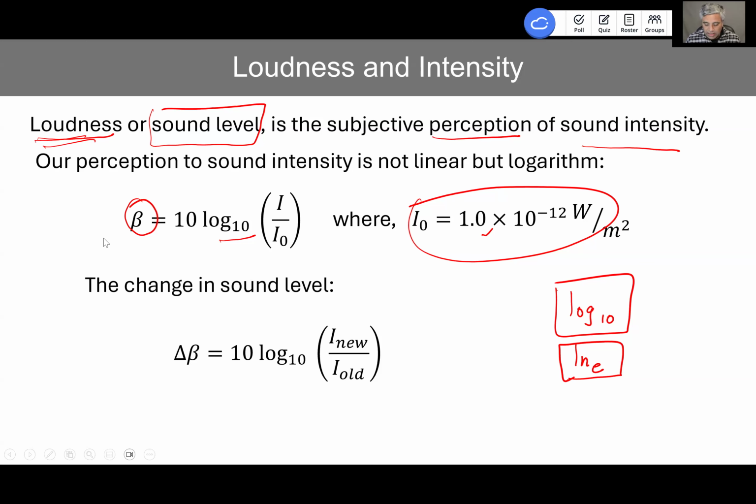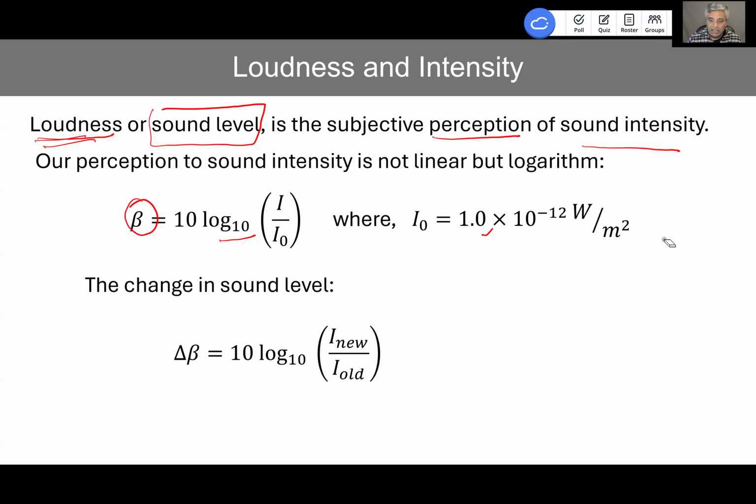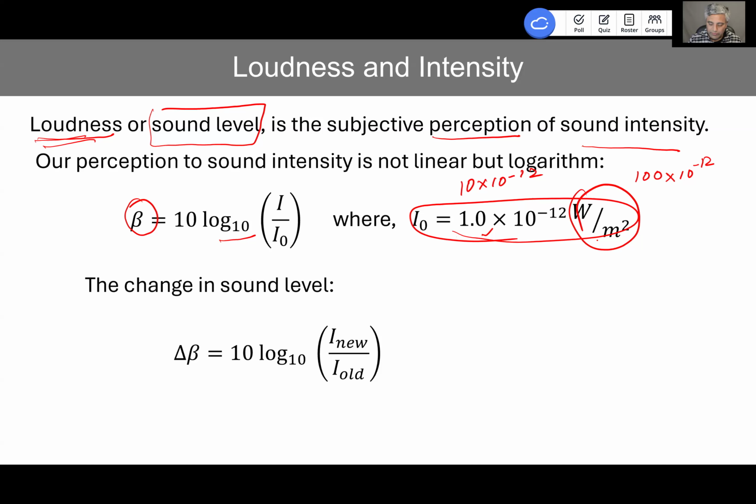Now, if you are given one value of intensity, and then you are given another value of intensity. For example, let's say you are given 10 times 10 to the power negative 12, so 10 times larger than the threshold of hearing. And then let's say you are given 100 times 10 to the power negative 12, in units of watt per square meter.